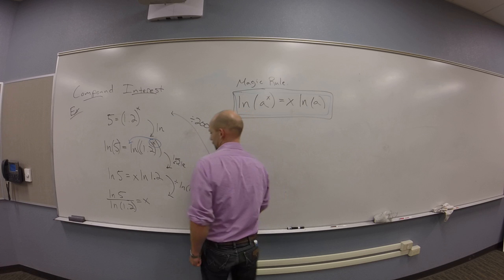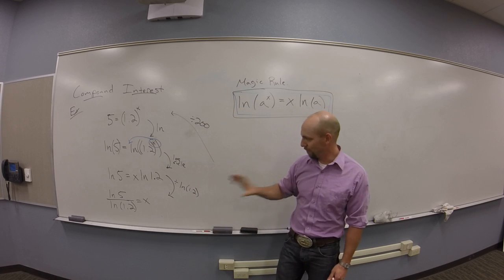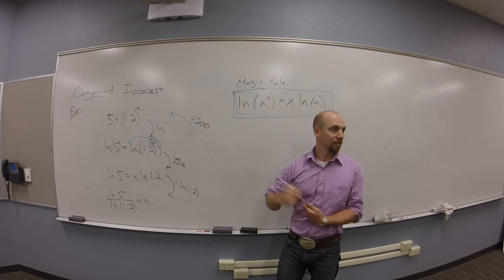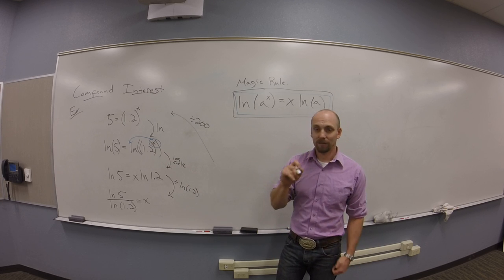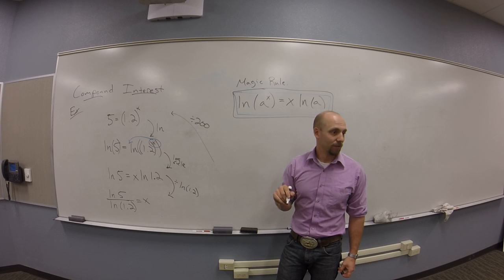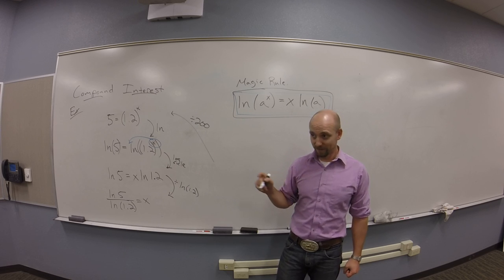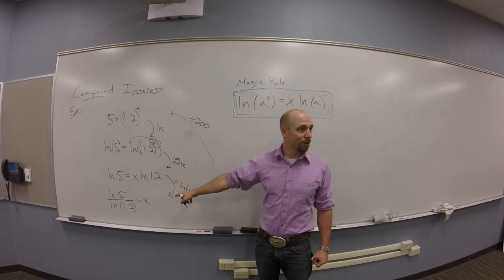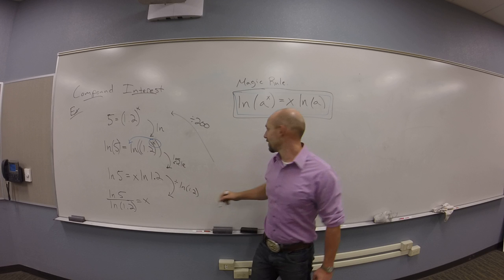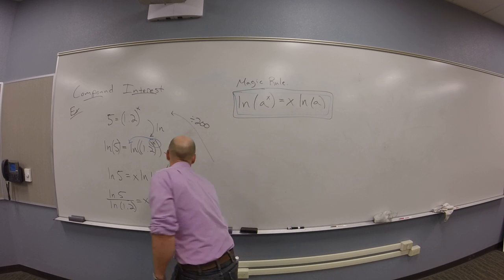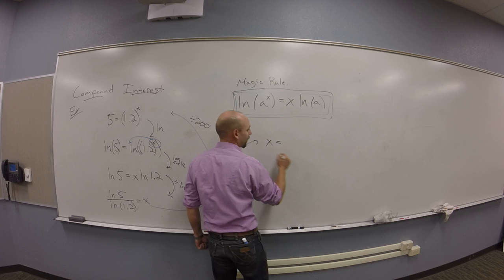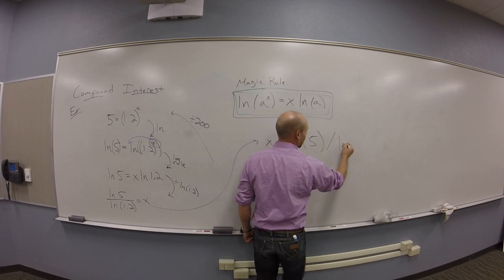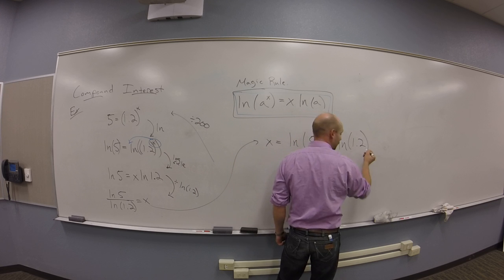Here I'm at x is this number, like 8.827. Good question. We need to talk about calculators for a second. When you put this in your calculator, you need to make absolutely sure that you close the parentheses. Typing this into a calculator should be x is log(5) divided by log(1.2).